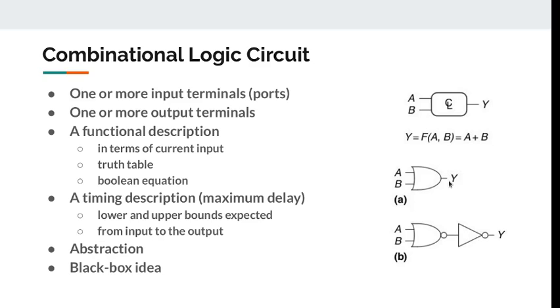But the idea is, and we're gonna see that through the course, that you can always have a combinational logic circuit implemented in different ways and giving the same result. And it's better to reduce the number of gates. Sometimes you have a really complex equation and you can simplify that using fewer gates. Even though you can use more gates and represent the same equation, it's always better to use fewer gates because it's cheaper.